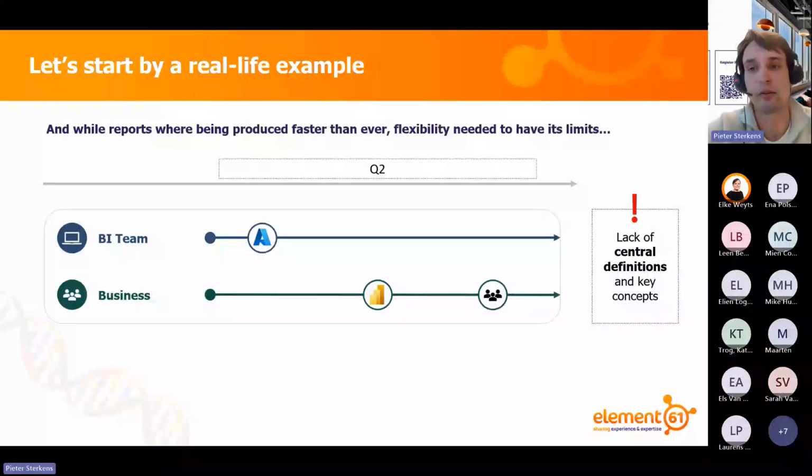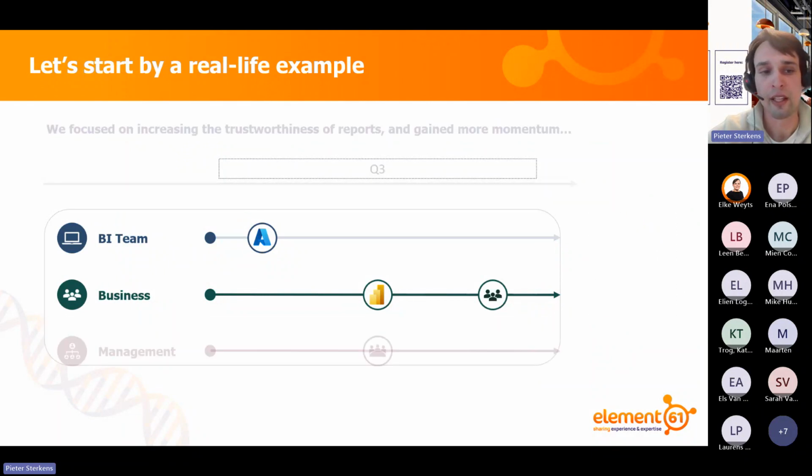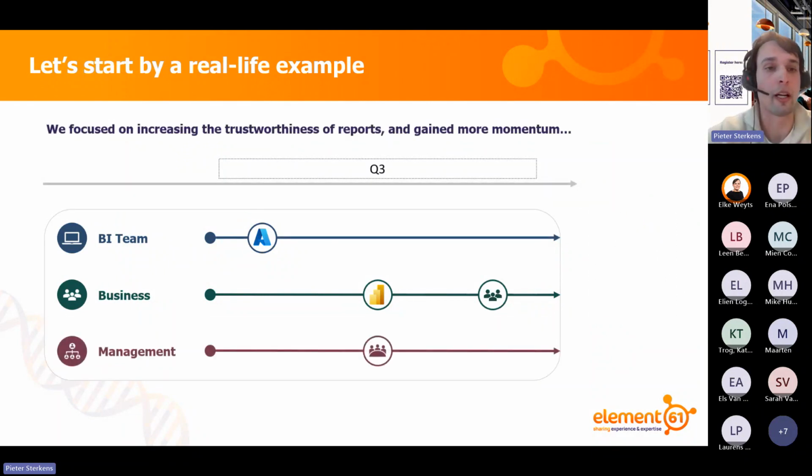People were asking questions, why is this deviating? And you can already imagine it's not good for adoption of a tool, because if people don't trust the content or the data that they're seeing, they won't use it in their day-to-day lives. So again, we were looking into ways to improve here, and what we decided is that all content in production, so by default, only content in production could be consumed by end users, and all this content needed to be certified.